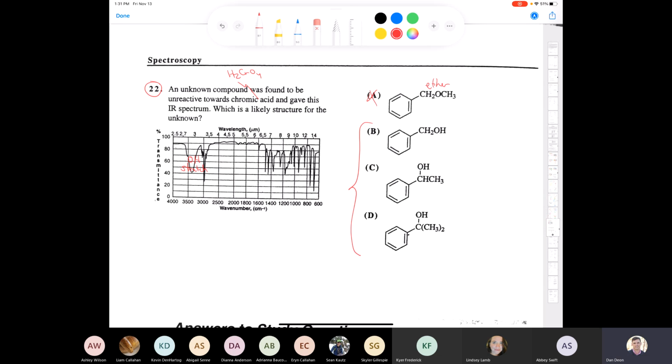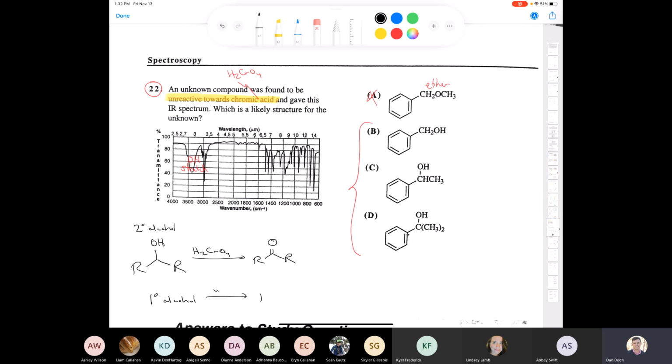Well, what else do we know? If it's unreactive towards chromic acid, what does chromic acid do to an alcohol? When I take an alcohol, like a secondary alcohol, and I treat it with chromic acid, which I make in situ, I'm going to oxidize that to a ketone. I can also oxidize a primary alcohol.